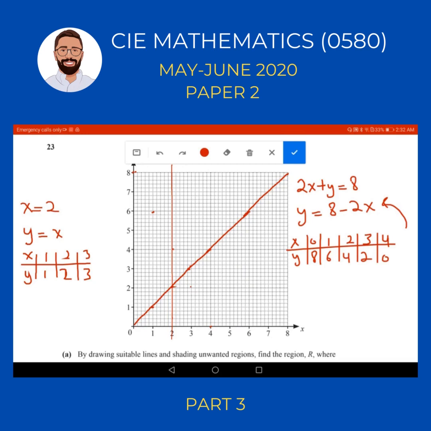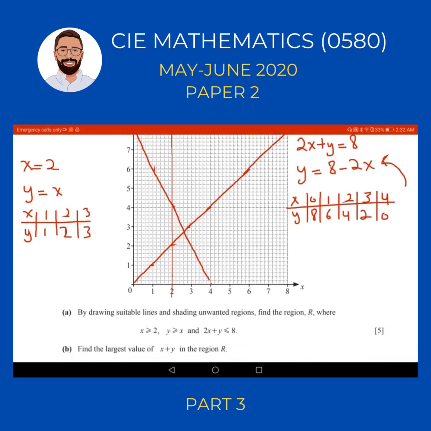Now we need to draw a line connecting all these points. So it's this straight line.